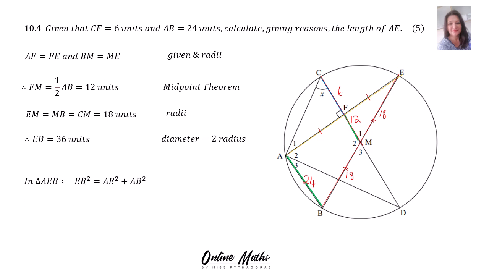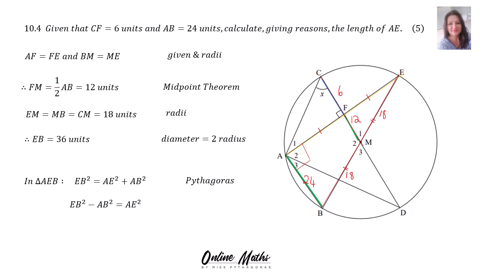Furthermore, in triangle AEB, that's your right angle there, we can say that EB squared is AE squared plus AB squared, the theorem of Pythagoras.